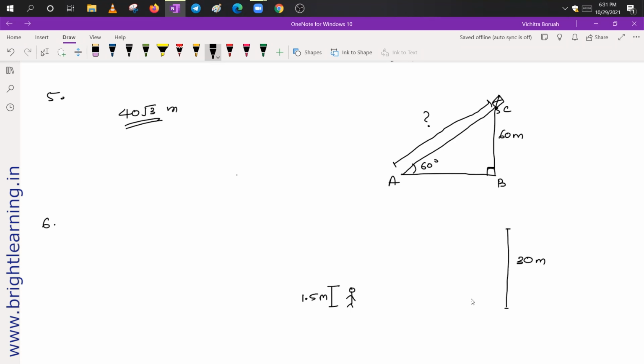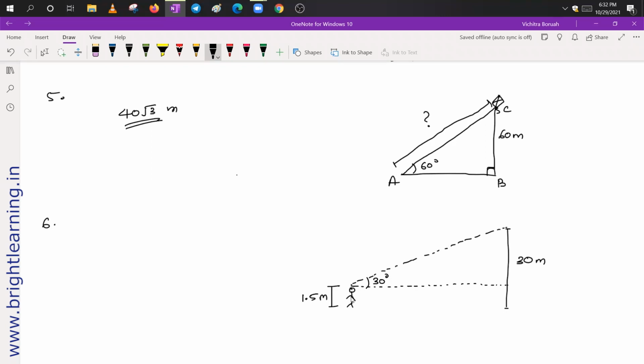The angle of elevation from his eyes to the top: suppose from his eyes he is watching the top of this building. This line will be the horizontal line, and this is the line of sight, and we are given the angle of elevation, which is 30 degree.